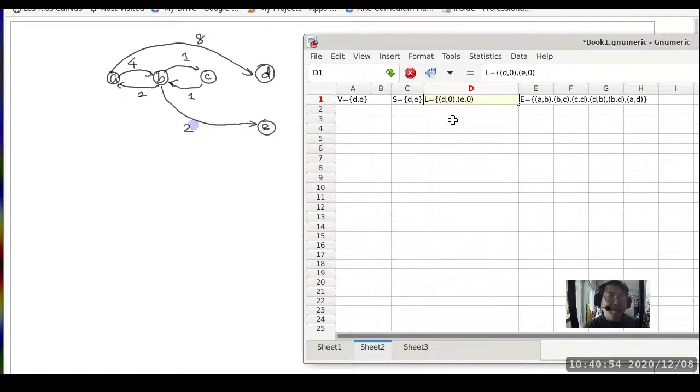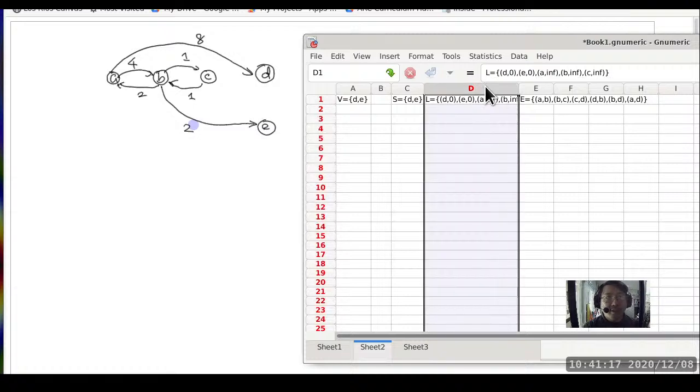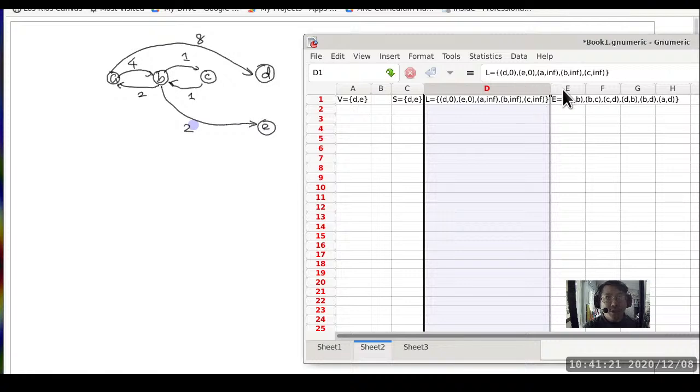So in this sense, this example is a little bit different from the other one. But everybody else, like A, B, and C, are all mapping to infinity because they are not destinations. So at the beginning of the algorithm, we are basically assuming that there are no paths from A, B, and C to a destination until we discover a path to the destinations.